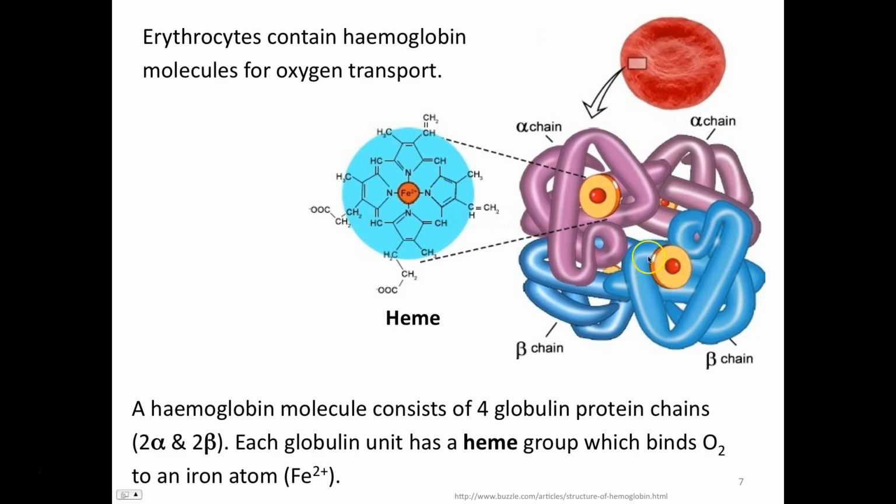Each globular unit, either a beta chain or an alpha chain, has a heme group, which we can see on this alpha chain where it's been extended out to see the chemical composition. And this heme group is where the O2 actually binds, and it binds at the iron atom, as you can see at this point, the red point here, or the iron atom as indicated there.